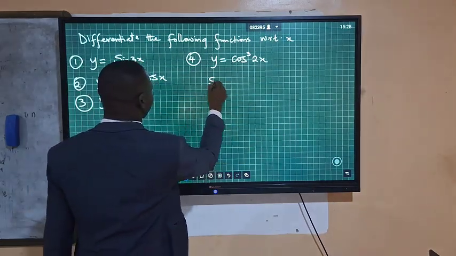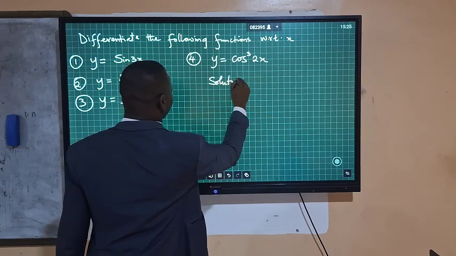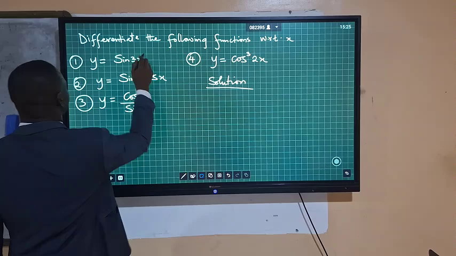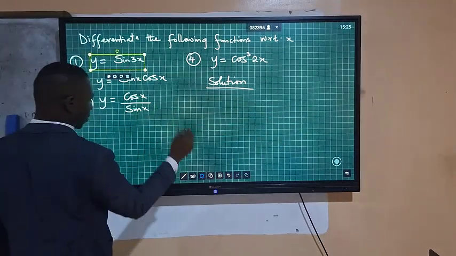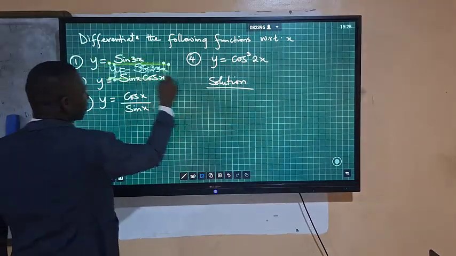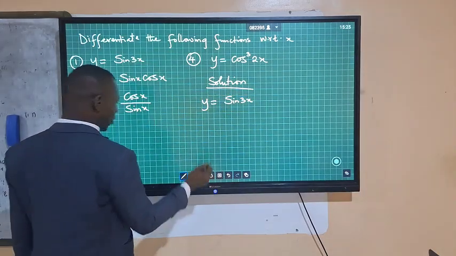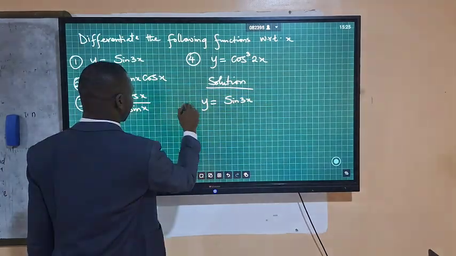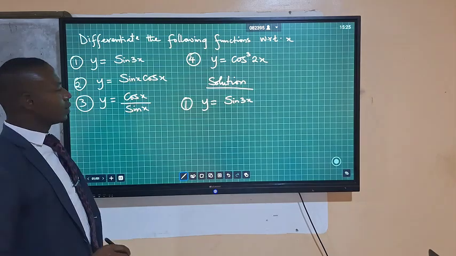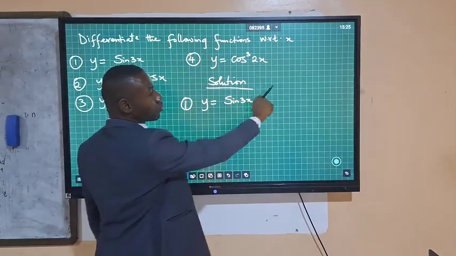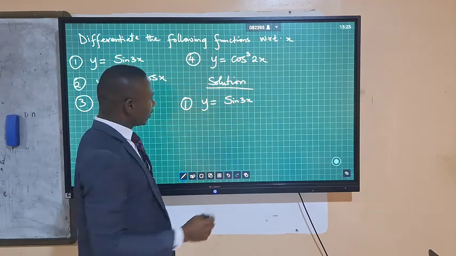Solution. I take the original function. If you watch closely, chain rule can be applied here.